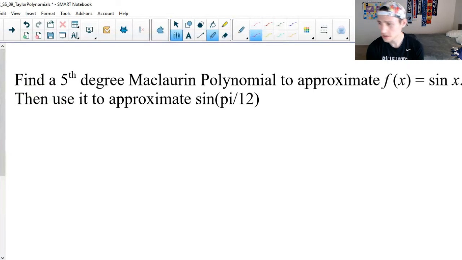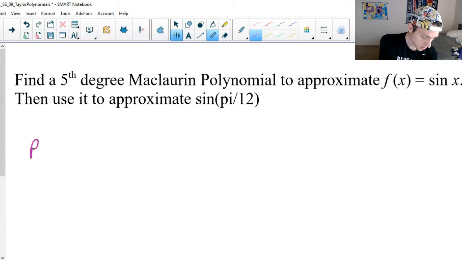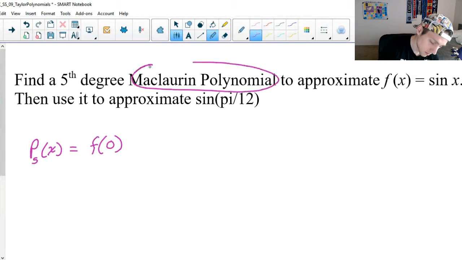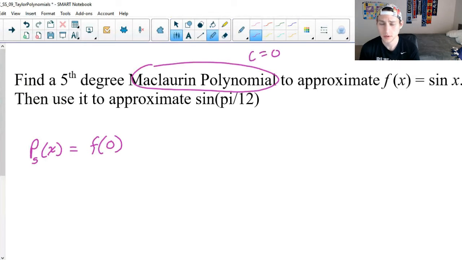I like first writing out the actual polynomial, just using the formula before I start plugging in the specific things and doing the derivatives. So the fifth degree. Remember, this is a Maclaurin polynomial, so it's centered around 0.